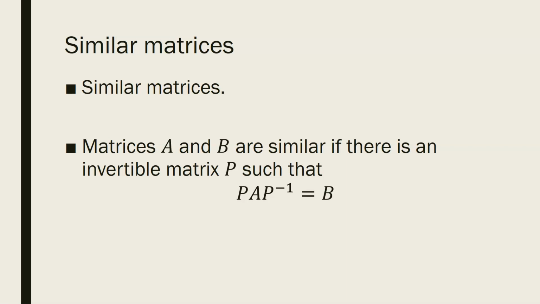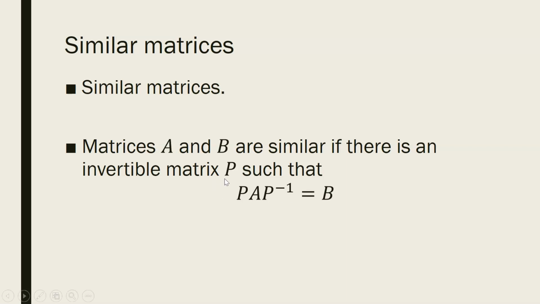And we're going to introduce the topic of similar matrices. We say that two matrices are similar if there's an invertible matrix P such that P A P inverse is equal to B. All right?